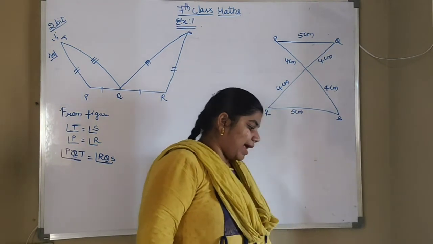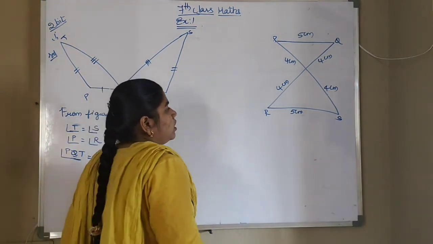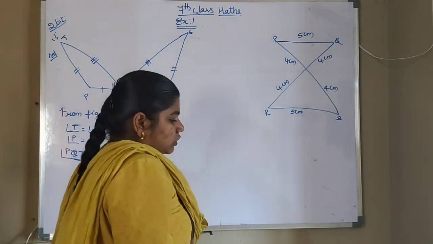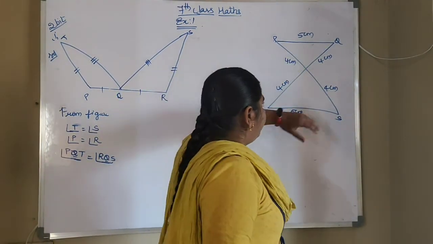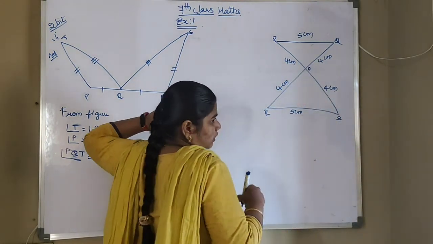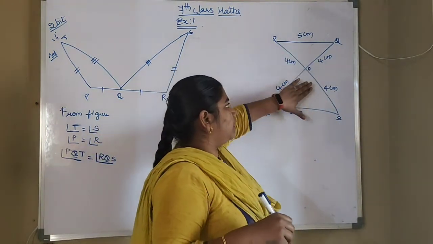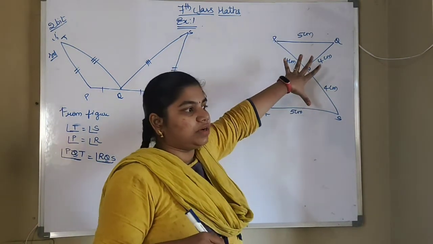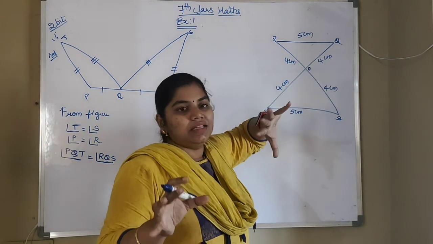Which corresponding angles are equal, we have to find. So if you fold this part to down, which angles will be equal here? This is O, common point for both the triangles. This is one triangle, this is another triangle. So if I fold this part to down, you will be getting angles are equal.